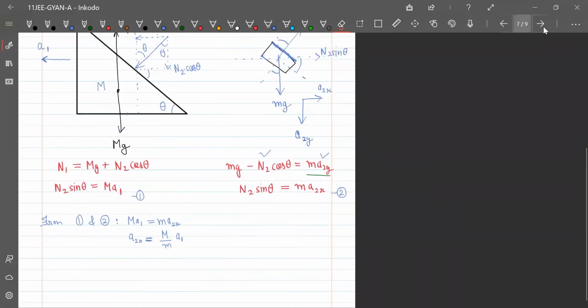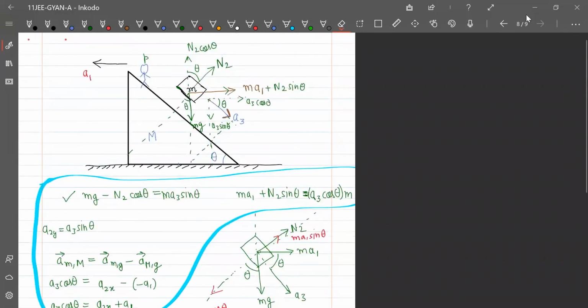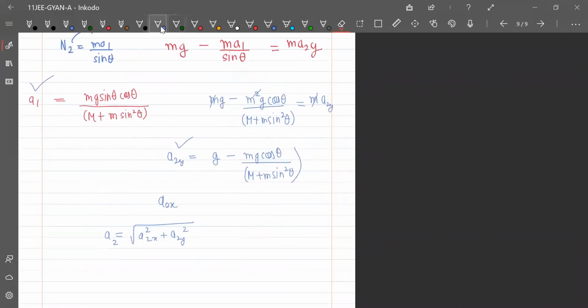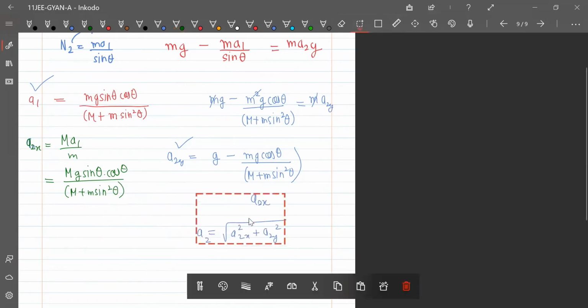A2x is m by M A1. So A2x is equal to mA1 by M. So A2x will come out to be mg sin theta cos theta divided by M plus m sin squared theta. So this is A2x.